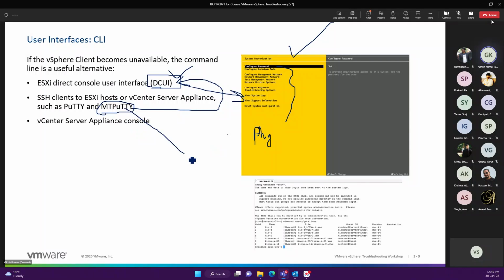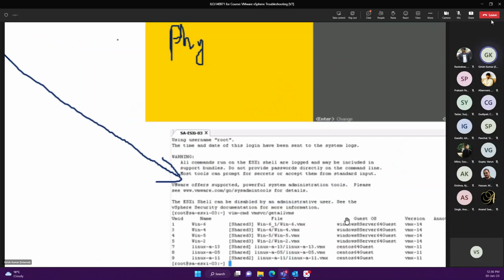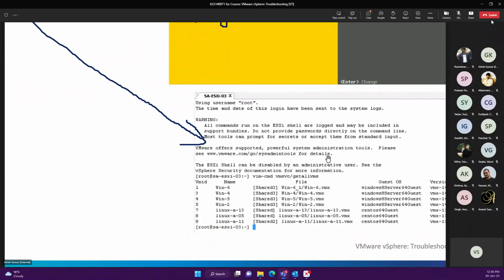Another method is to use PuTTY with SSH and connect directly to the ESXi host. If you know the commands, you can run some commands, all virtual machine related. Use vim-cmd, a command that allows you to manage virtual machines.